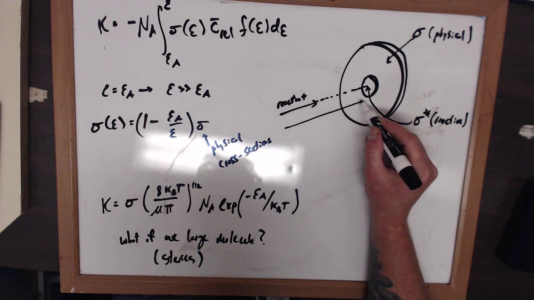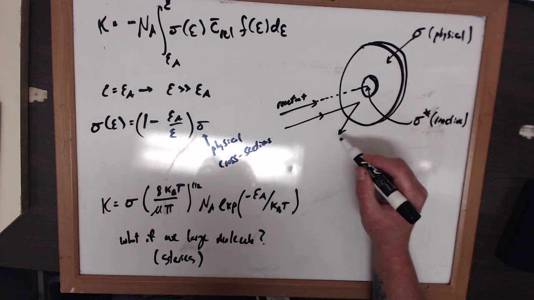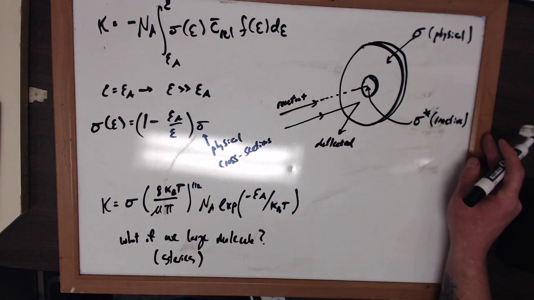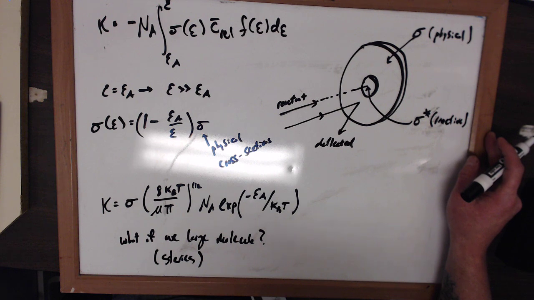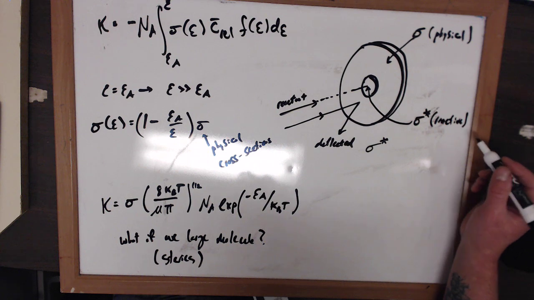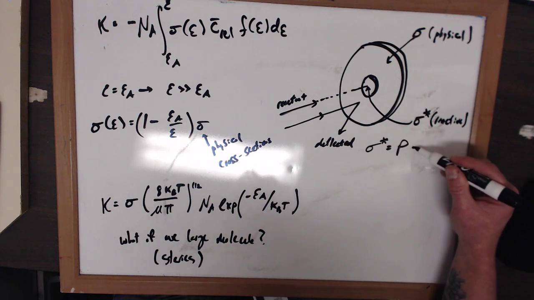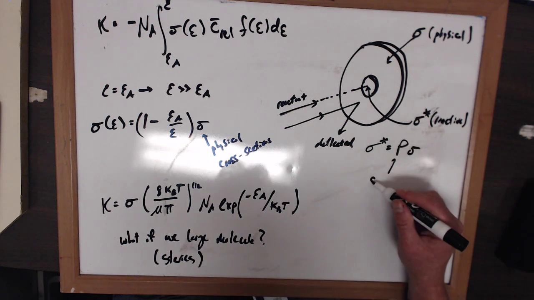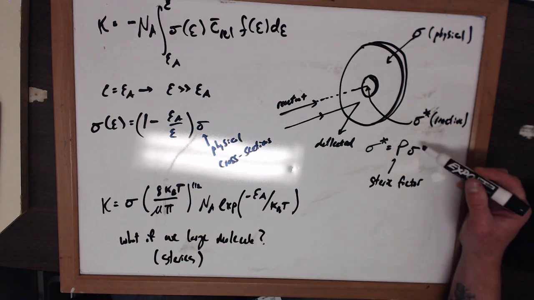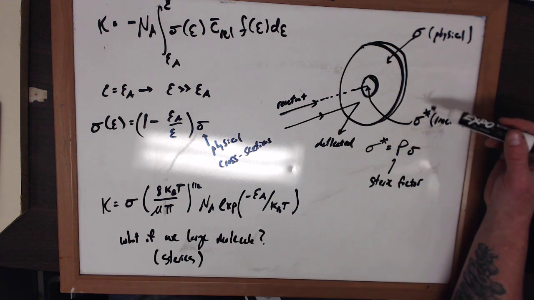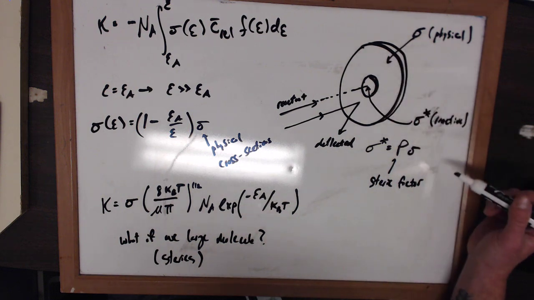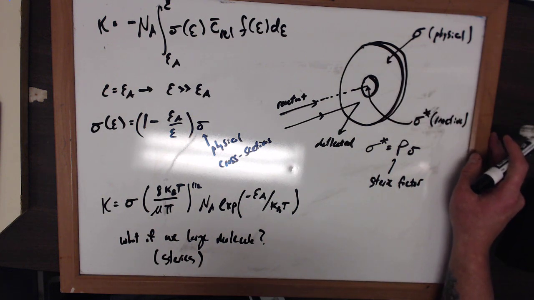Otherwise, if it misses that spot, we might have some deflected reactant that doesn't go on to reaction. With this picture in mind, we can define sigma star with a very simple term: just P times sigma, where P is my steric factor, and it's really just a scalar, a number that's less than 1.